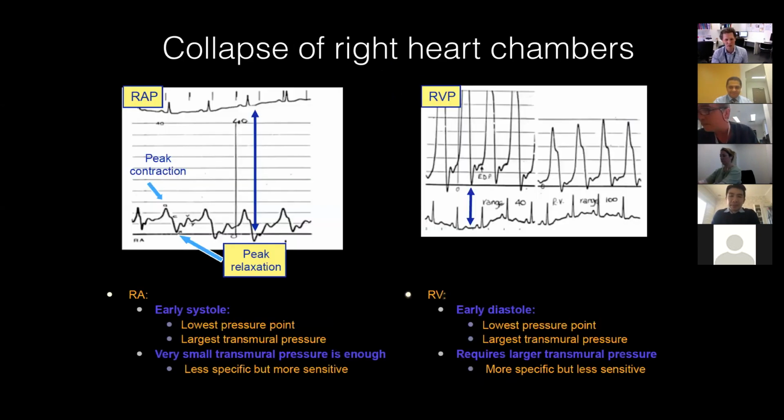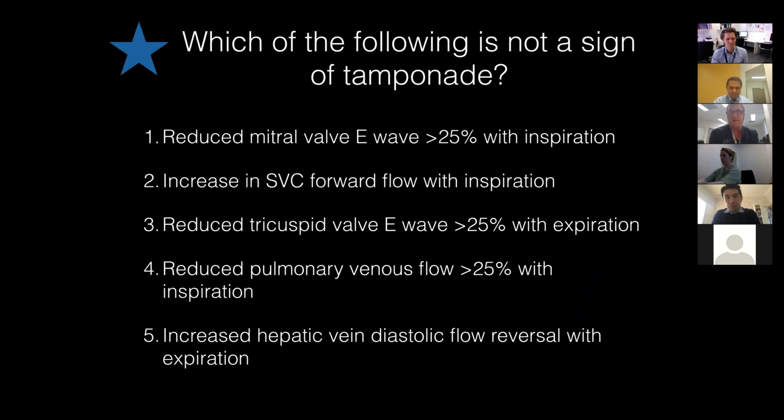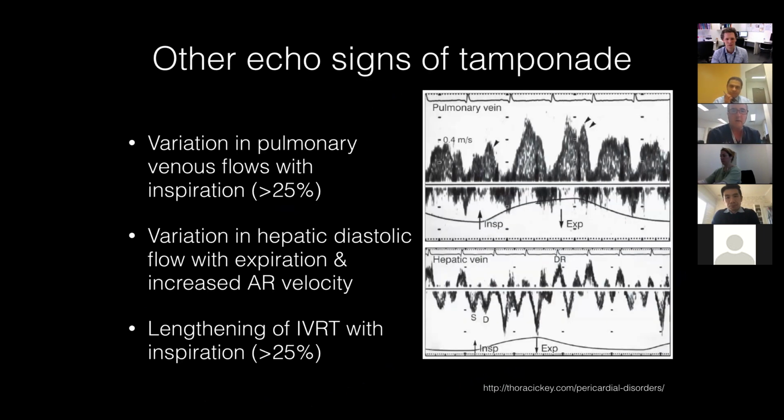There are a couple of other ones in there which you can talk about. If you want to go for the prize, you talk about echo picking up pericardial effusions.